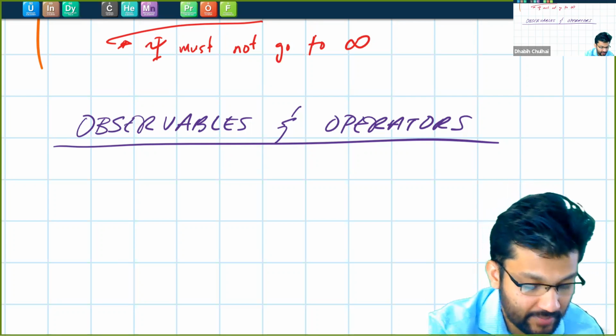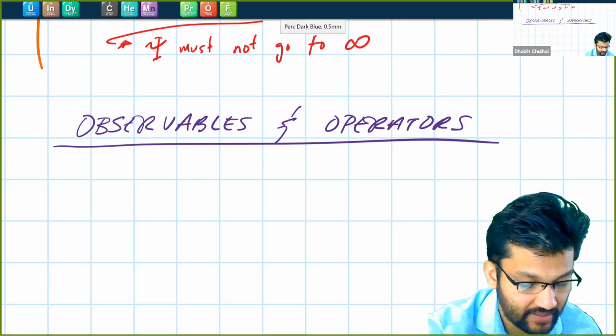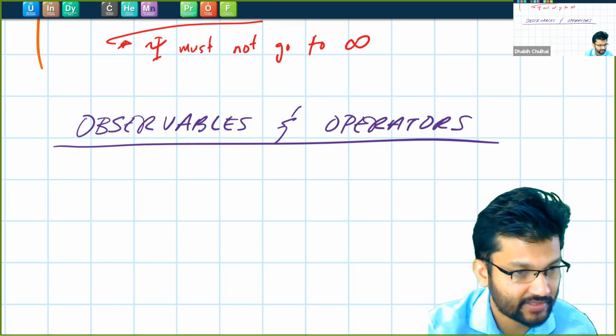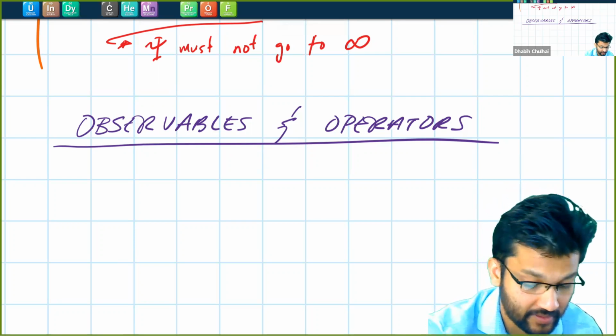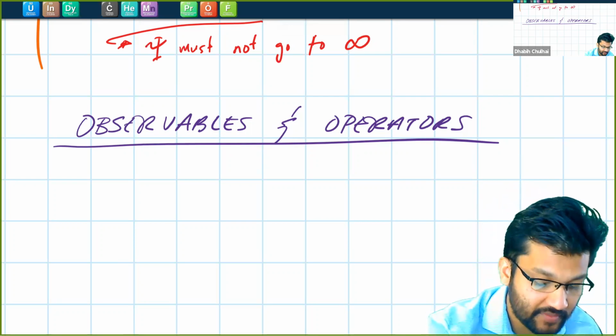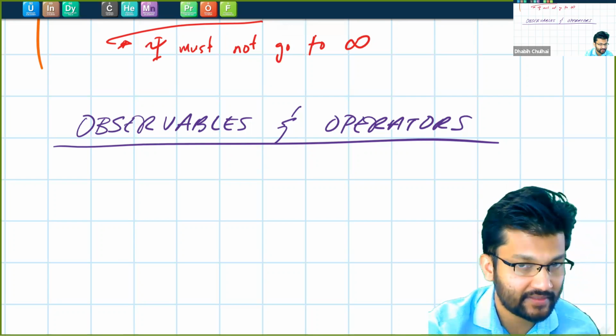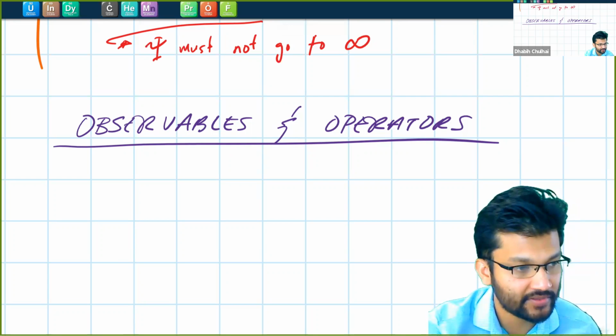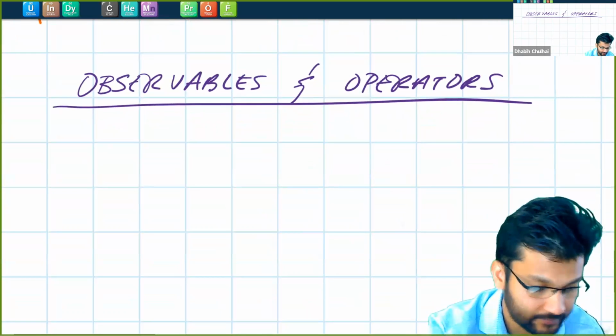Though, for anybody who studied these things, for example if you did a whole undergraduate physics course, these things would be all very familiar. So observables and operators help to teach you some of the math that you might not be familiar with.